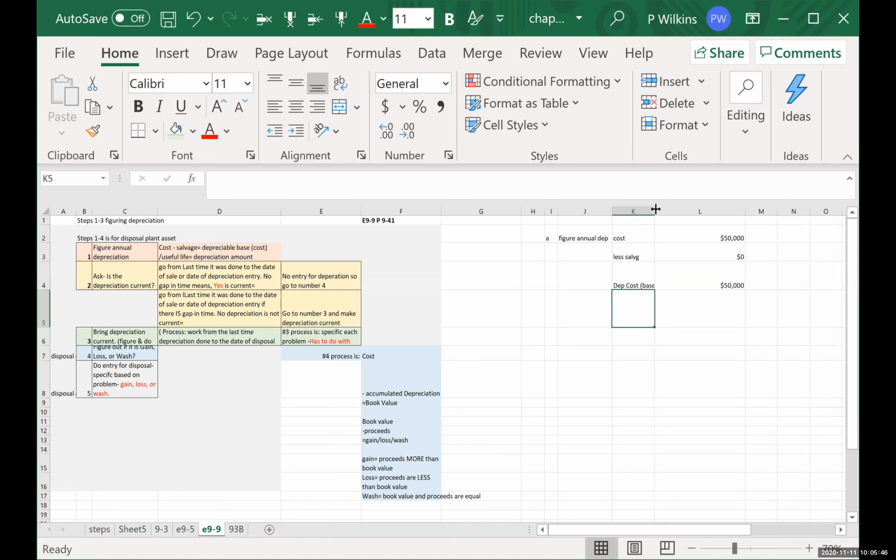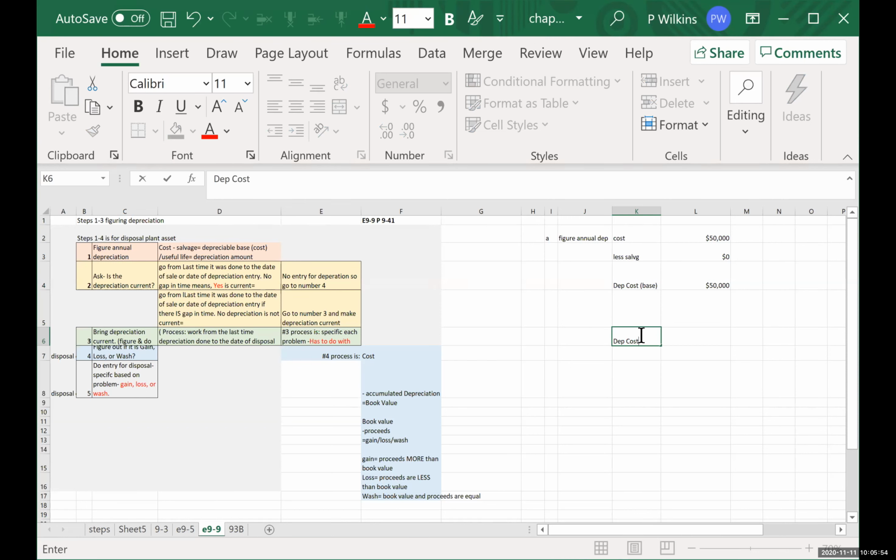Okay. Now what we're going to do, we take the depreciated cost and we're going to divide it by the useful life. So in this case, we have $50,000 divided by, oh, and you know what I just realized?